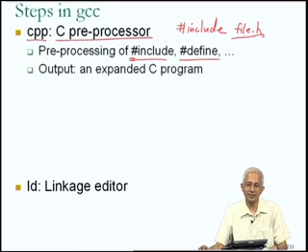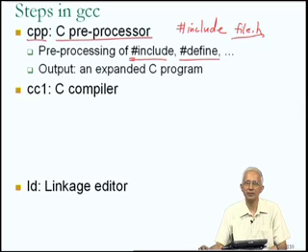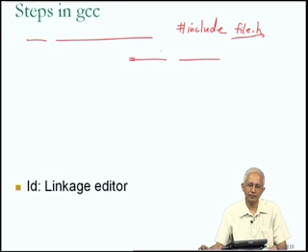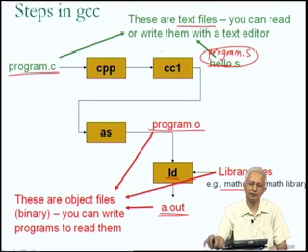Okay, now this file, the file which is generated as output by CPP, is the input to CC1. And CC1 actually does some compilation. So it translates from C into something like the machine language. But as you would have noticed from the diagram which we had over here, what CC1 does is it takes the output from CPP and generates a file.